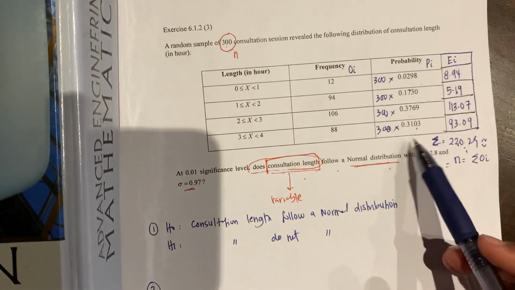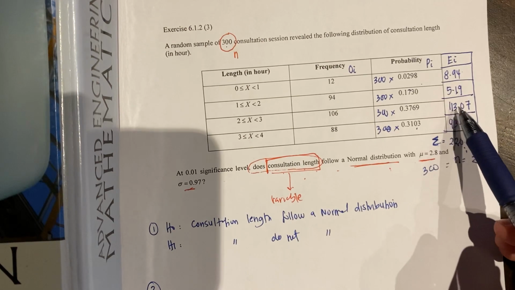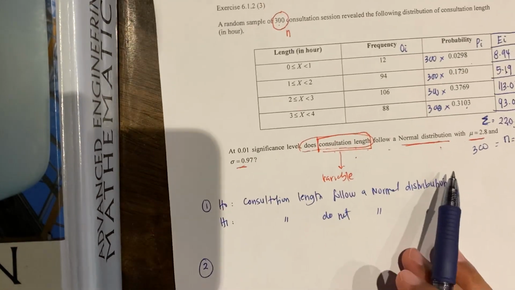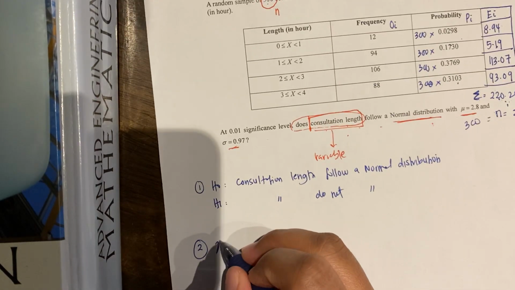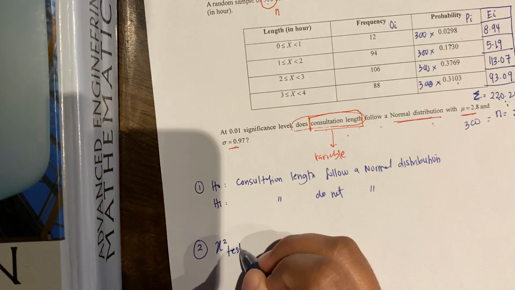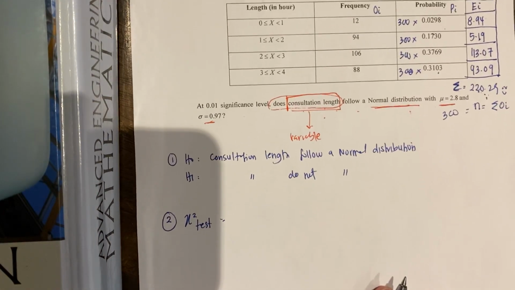Then we check the E. In this case, all the E are greater than 5, so you can proceed with the chi-square. No need to combine any category. The chi-square test here is similar to the categorical data that we discussed last week.